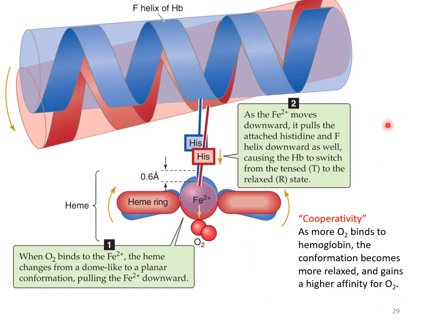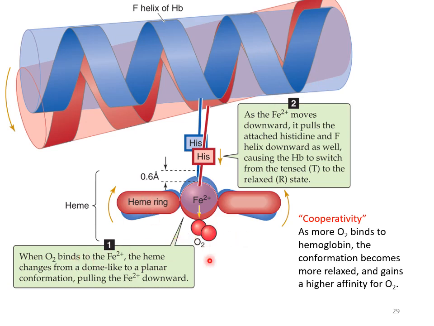Remember that each hemoglobin molecule can bind up to 4 oxygen molecules because you have 4 heme groups. As soon as the first oxygen binds to that ferrous in the heme, the shape of the heme and of the polypeptide chain actually changes.